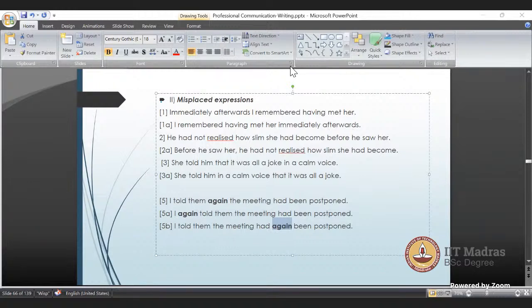It won't be on the subject, as in I, or on the meeting. That would be distributed to the whole sentence. It's about the frequency of having said that particular message itself.